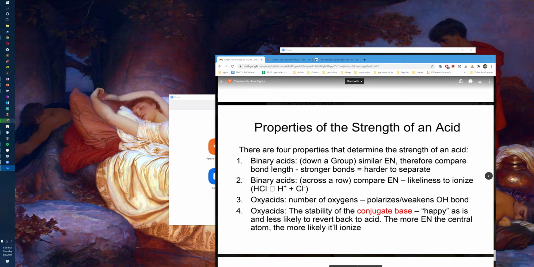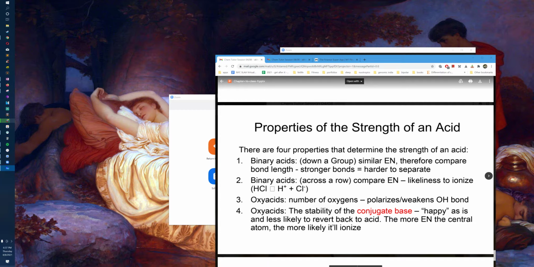But basically, from the center of these atoms is the bond. So this is the bond length for hydroiodic acid, and this is for hydrofluoric acid.